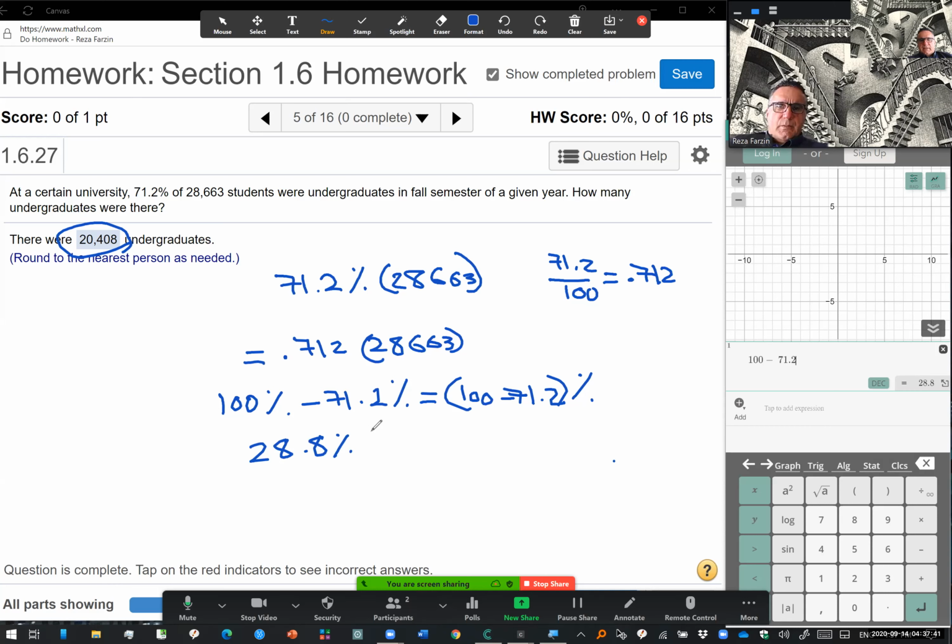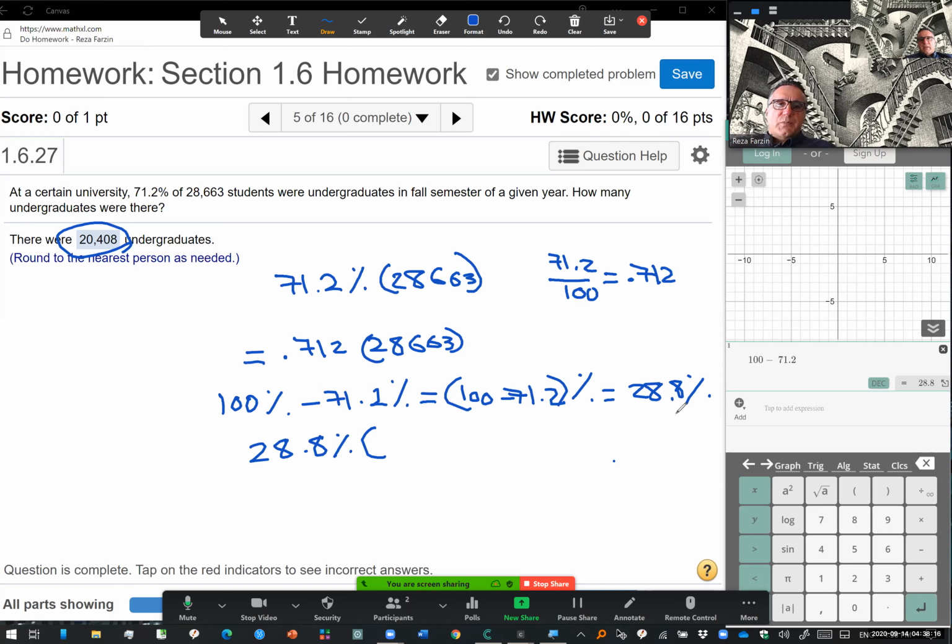So we're going to calculate 28.8%. So you understand what we're saying, right? We're saying, look, if 71.2% is undergraduate, that means whatever that taken away from 100% is, that's going to be the percentage of students who are not undergraduates, right? Now they could be just vocational students, or they could be graduate students. There could be any number of reasons why they're not considered undergraduate, correct?